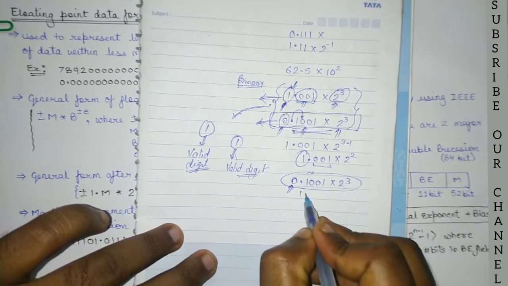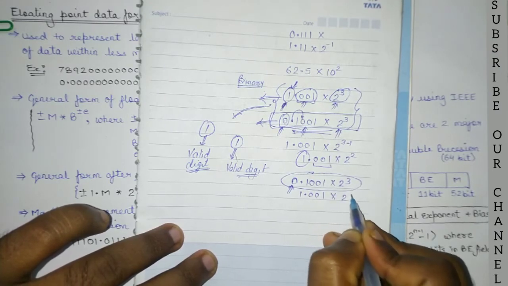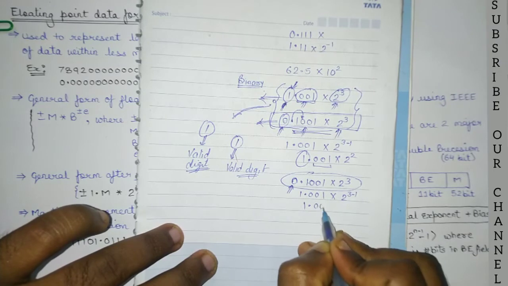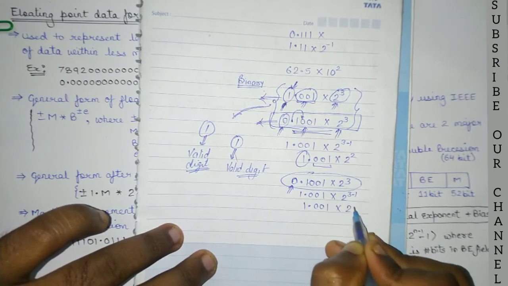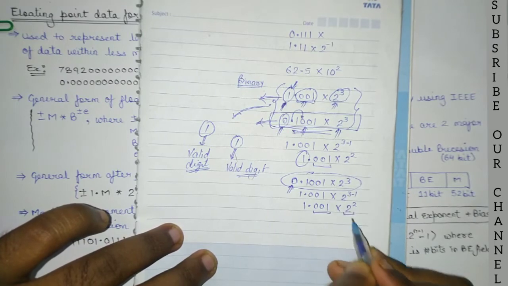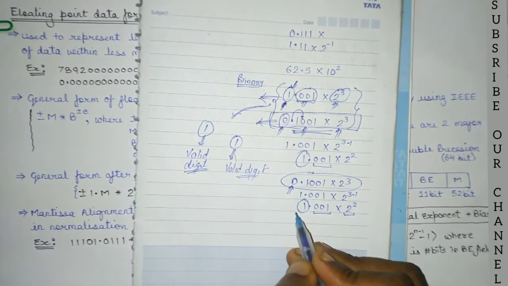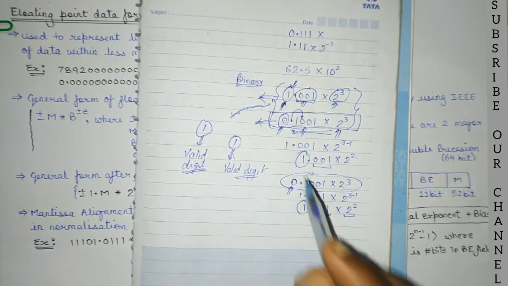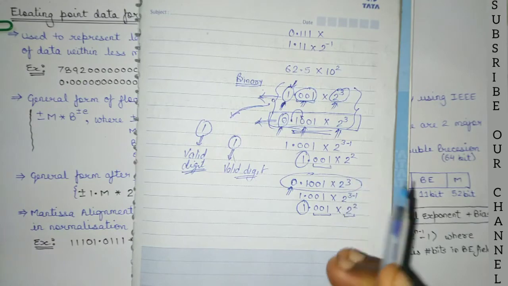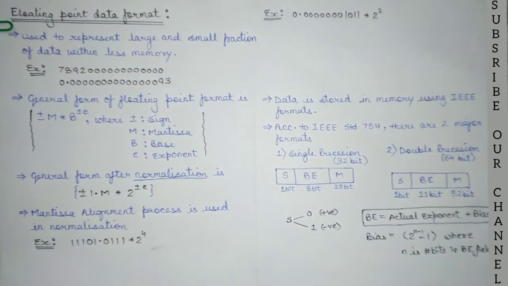It will be 1001 into 2 to the power 3 minus 1, so it will be 1.001 into 2 to the power 2. Now we will store only this value and this value, and whenever we retrieve, we by default consider that we have a valid digit 1. This way the storage of these values has been reduced or minimized. So this is the general concept of normalization.